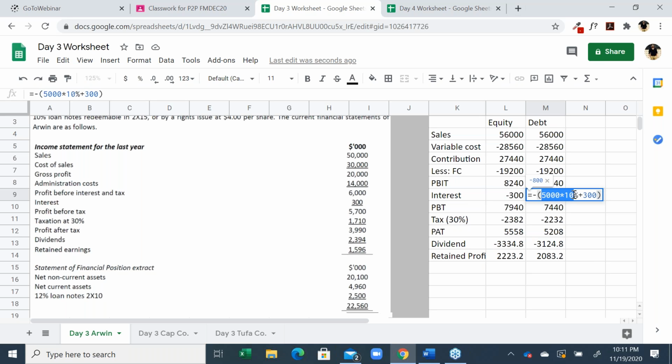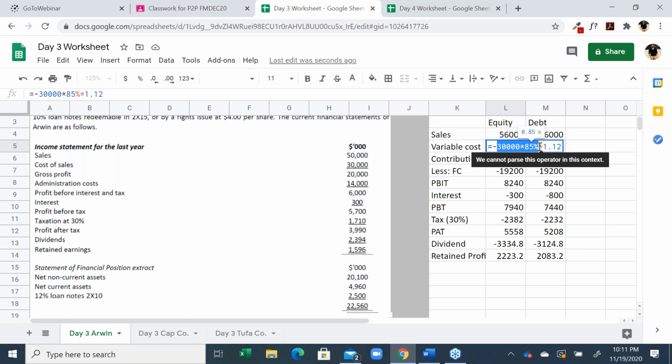Interest is 10% of the new loan and 300 on the existing one. The variable cost of sale is simply 85%. Existing one, I'm talking about the existing one. The existing one is 85% of the existing cost of sale. So if I take this, it will give me the existing cost of sale.